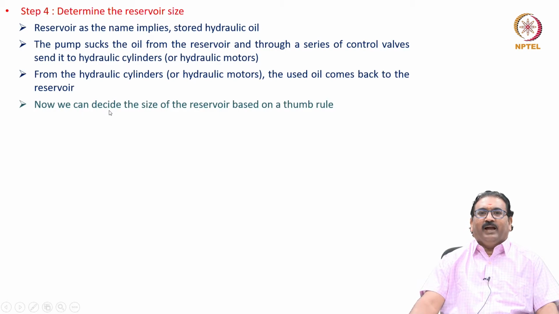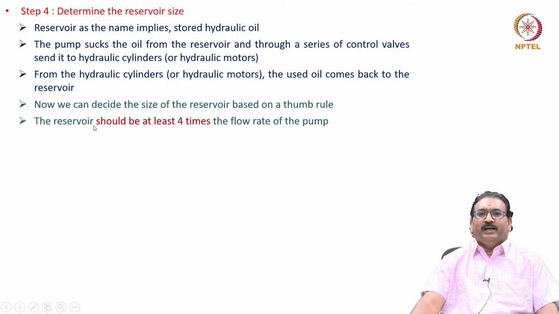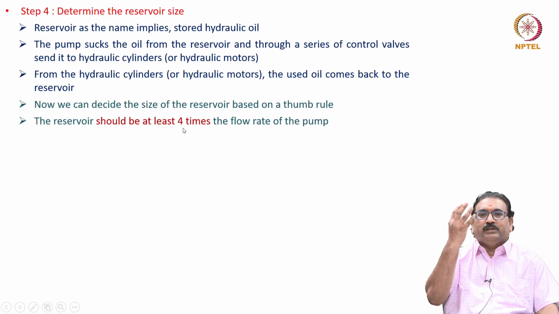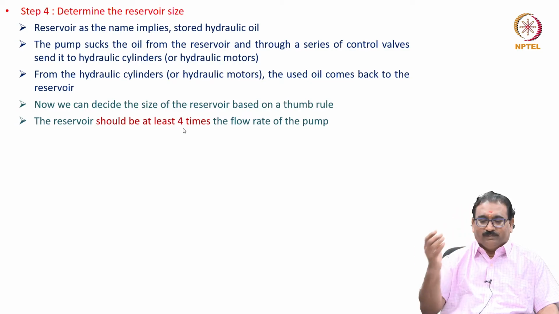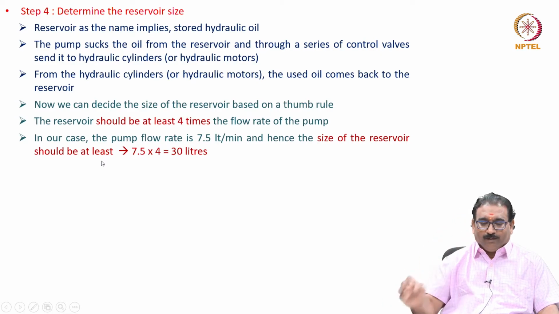Now we can decide the size of the reservoir based on a thumb rule. The reservoir should be at least 4 times the flow rate of the pump. In our case, the pump flow rate is 7.5 liters per minute, and hence the size of the reservoir should be at least 4 times 7.5, meaning it is 30 liters.